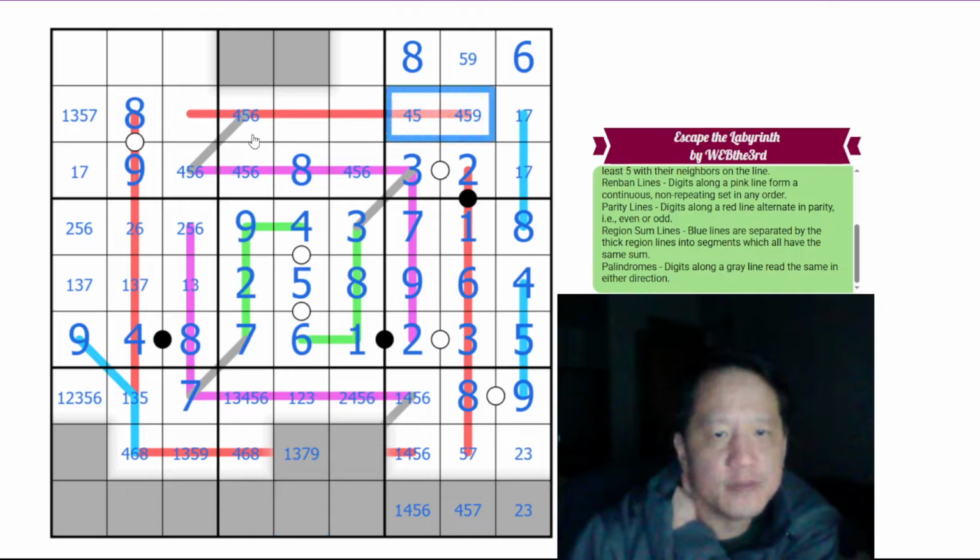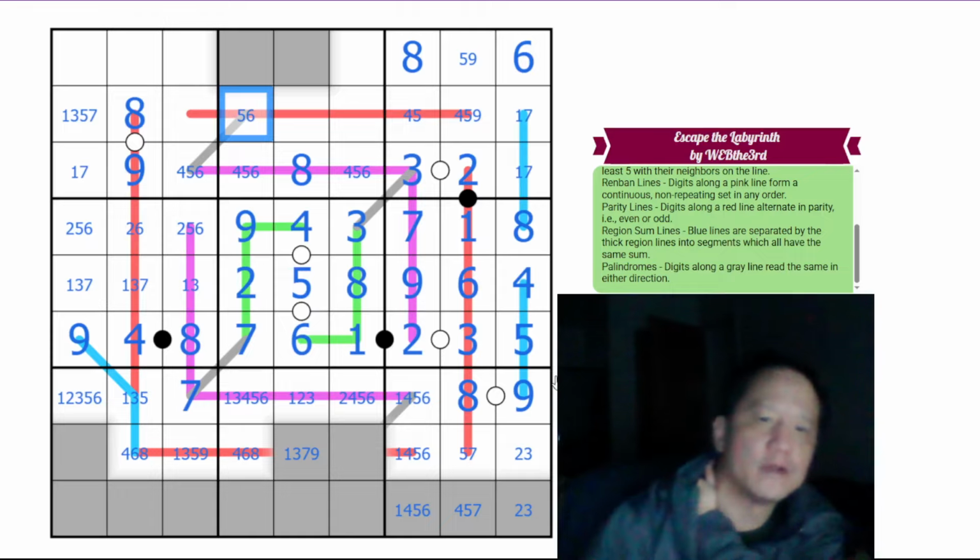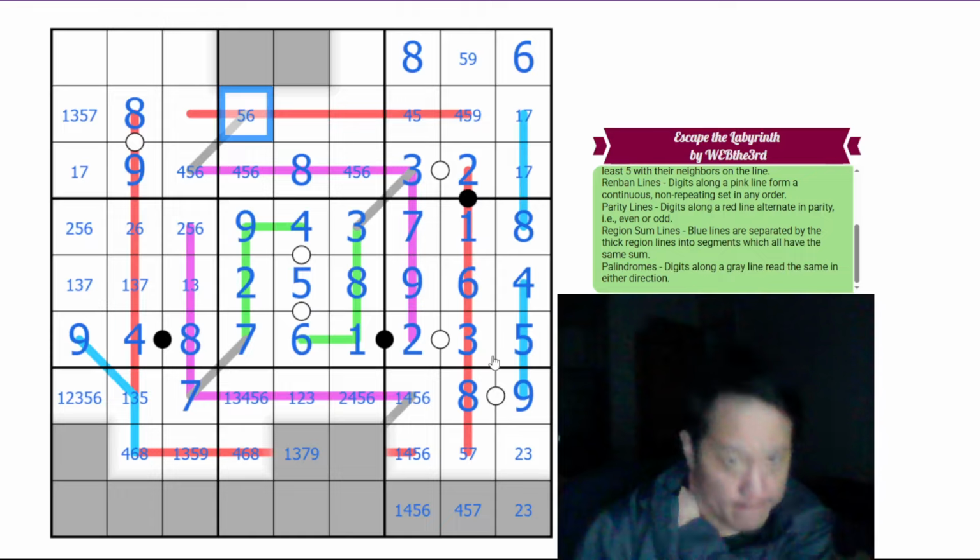This is guaranteed to be a 4, so this cannot be 4 here. So this can't be 4.